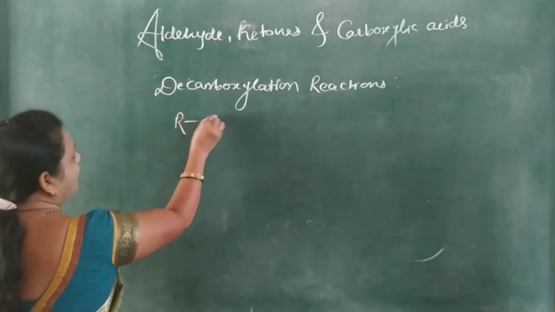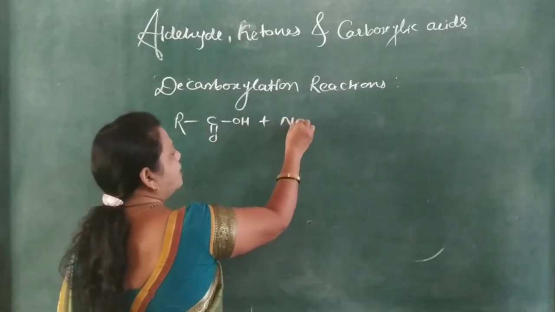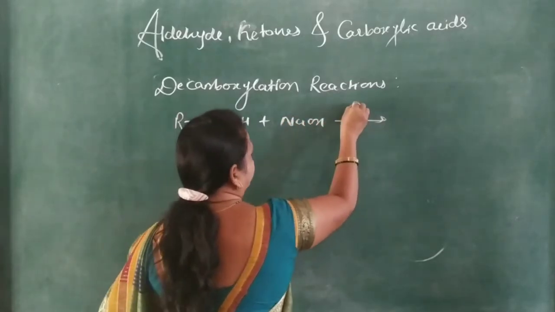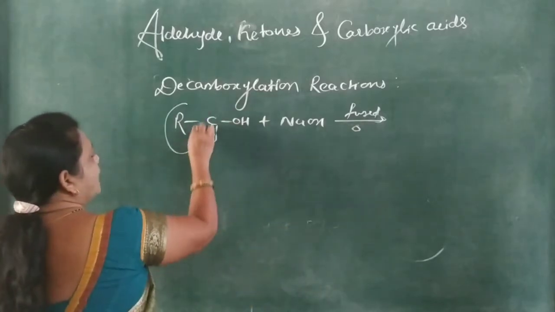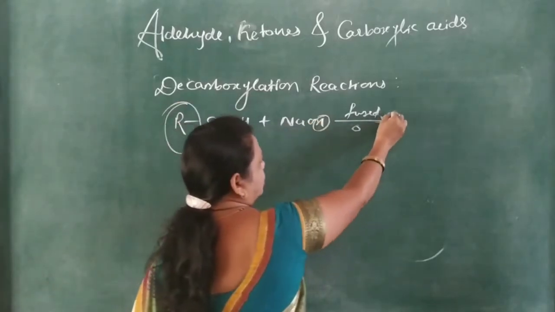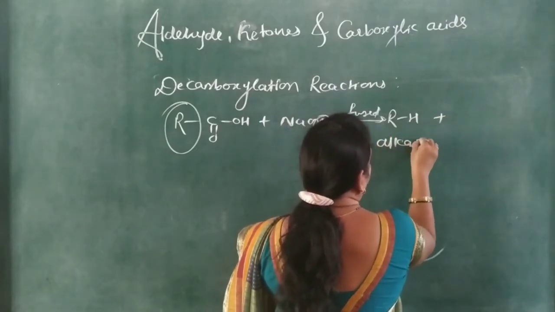So here RCOOH is fused with the concentrated NaOH. This R combines with H to form RH, the corresponding alkane.